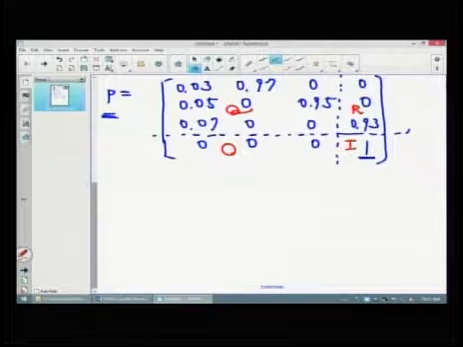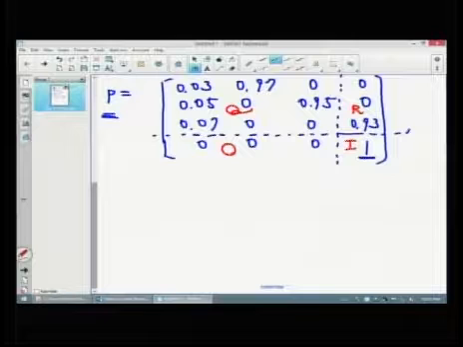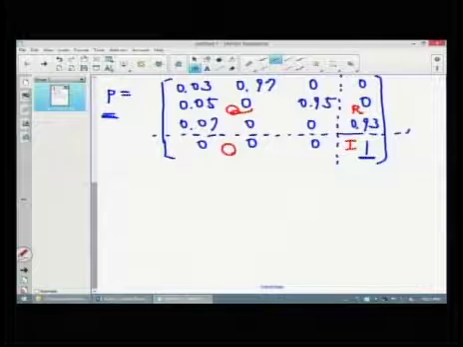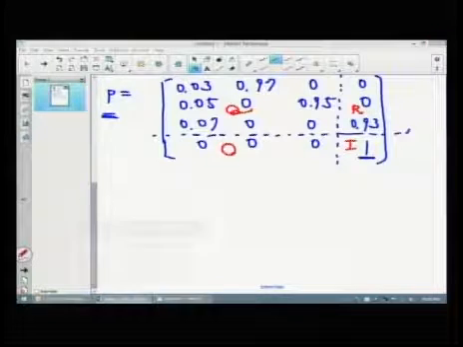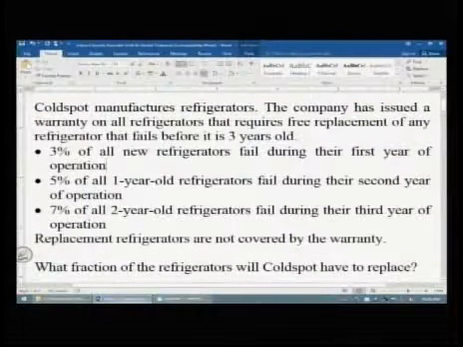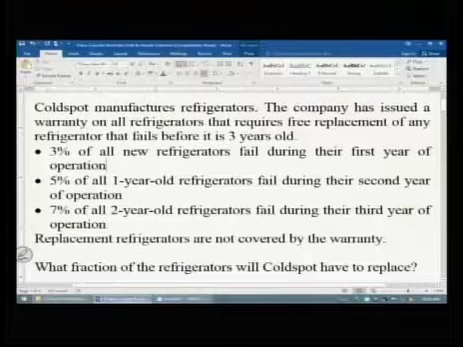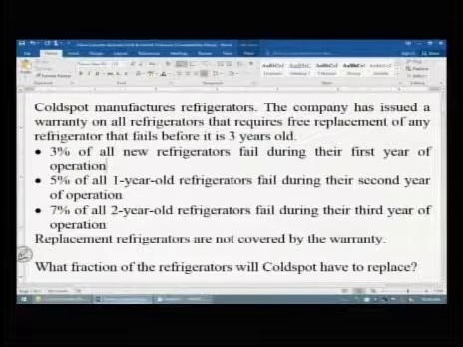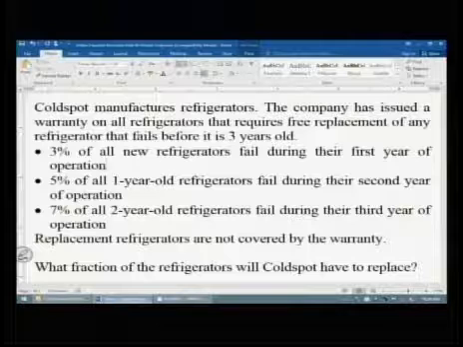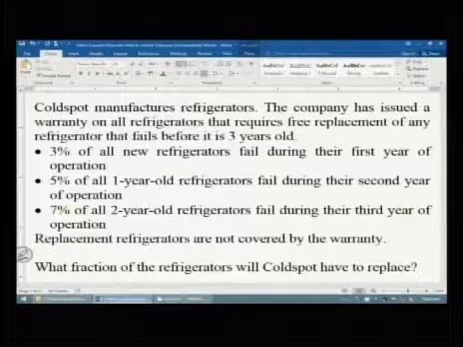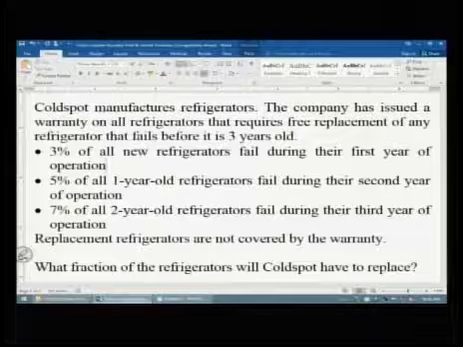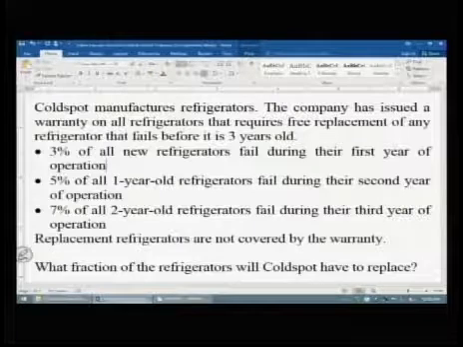So let's go back to the problem description. Okay, so the question we need to answer is, what fraction of the refrigerators will Cold Spot have to replace? So what information do you need to answer this question?